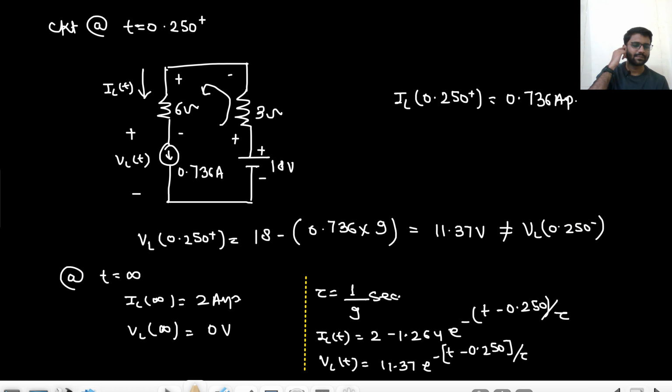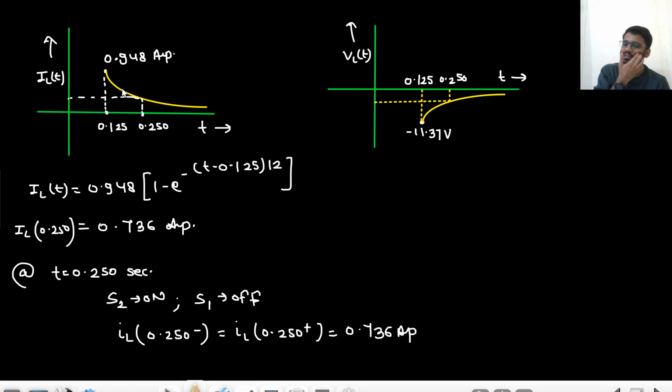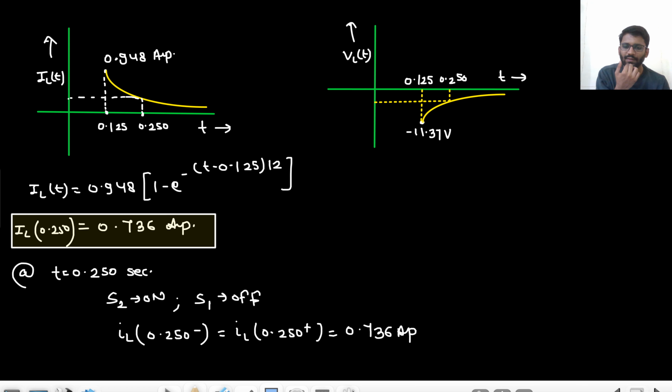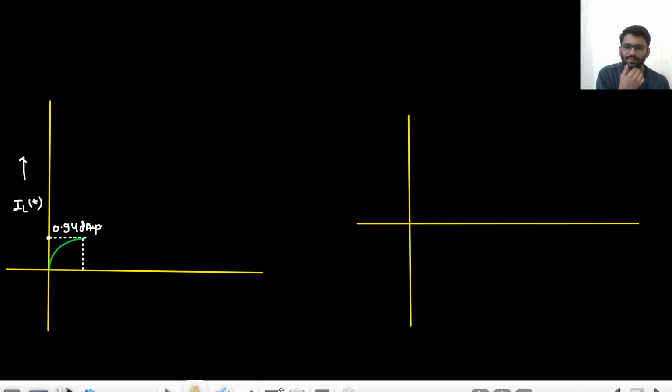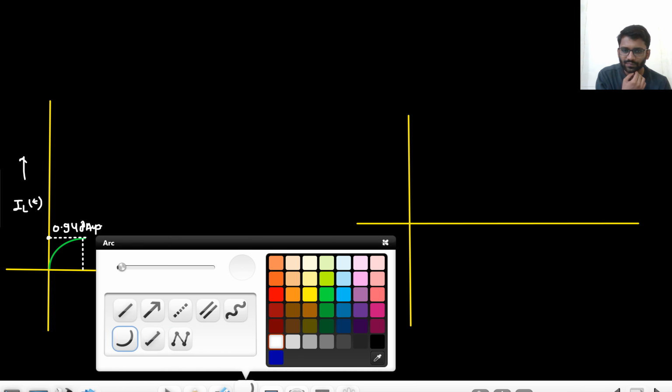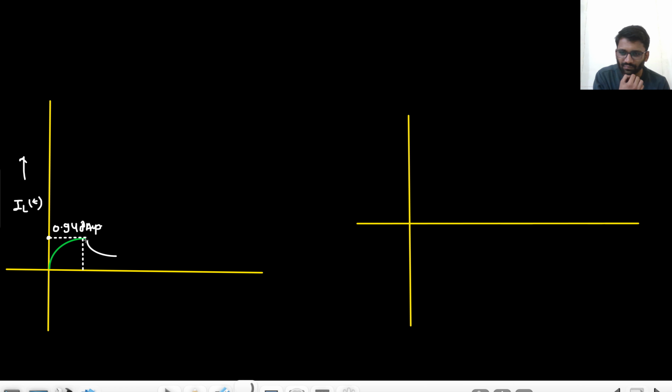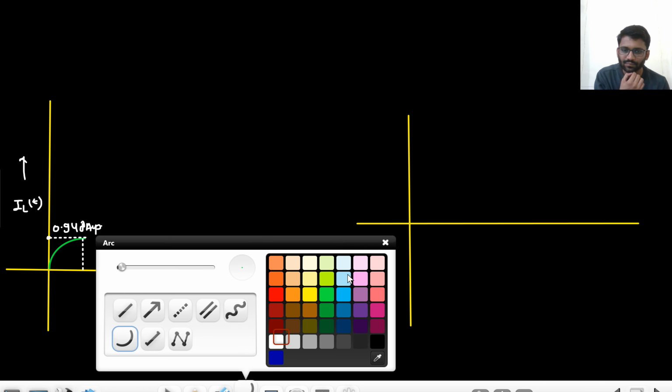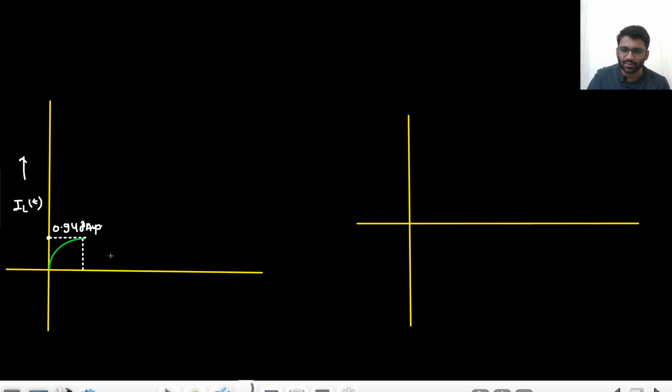Then what happens? Then it drops down from 0.948 to 0.736.